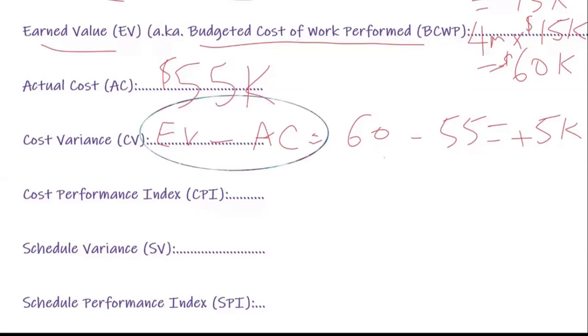But instead of subtracting, we're going to divide, all right? So I'm going to do earned value divided by actual cost. And that would be 60 divided by 55.